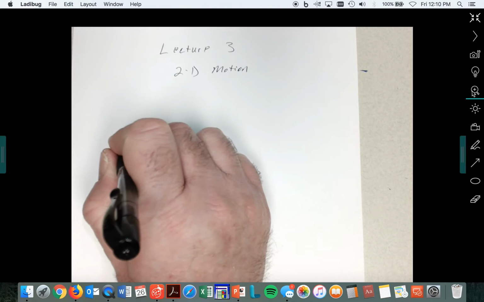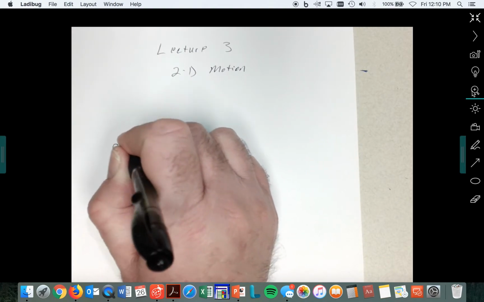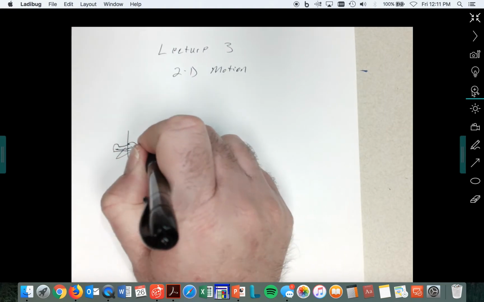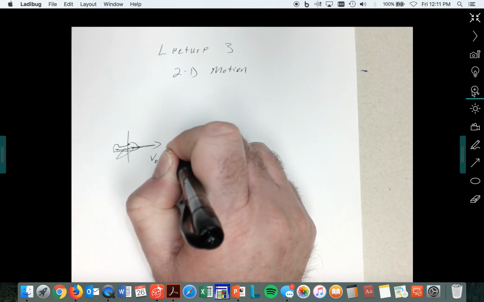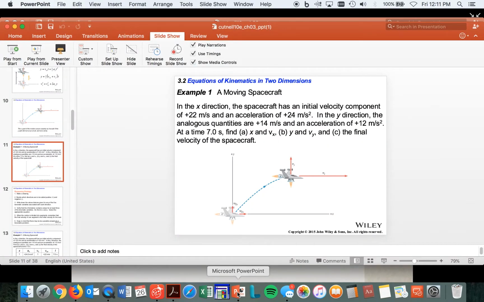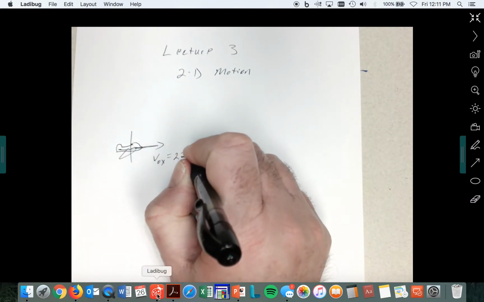That's better. All right, so we have XY coordinates here. Had that aircraft. Okay, there's my little aircraft. It had an initial velocity in the x direction of 22 meters per second.